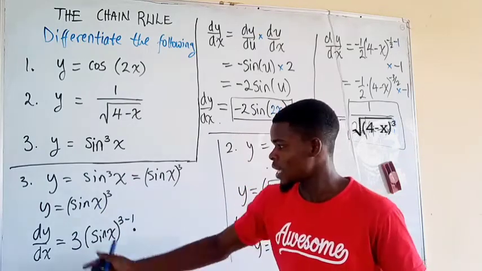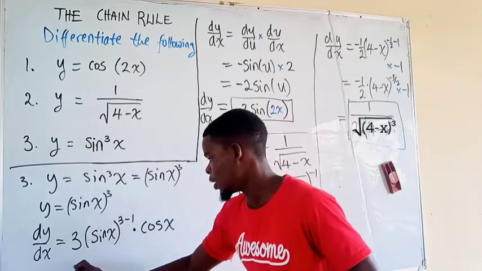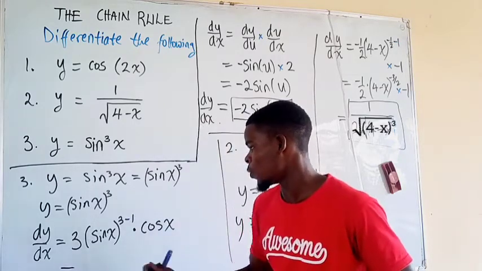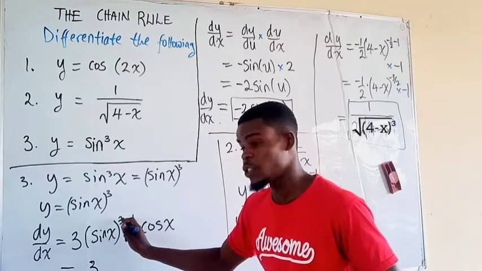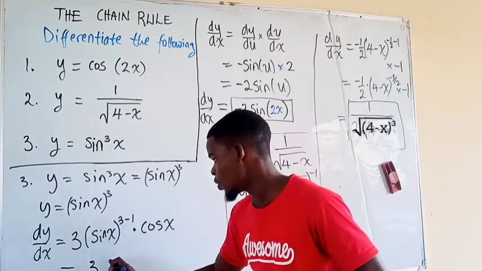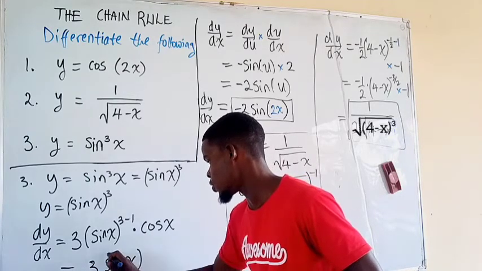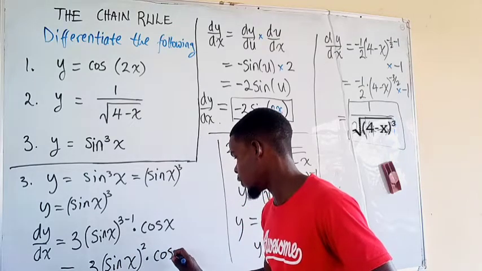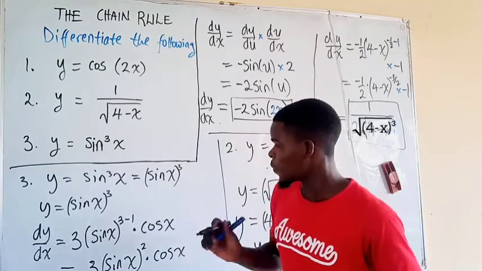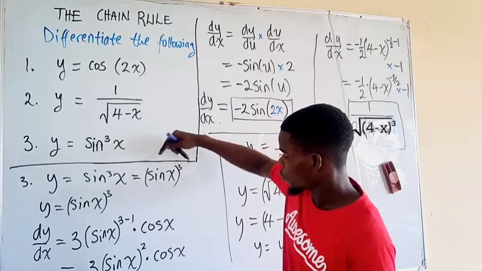So the derivative of sine x is now cosine of x. And then all in all, we're going to have 3 times sine x raised to the power 3 minus 1, which is just 2. So I can put it down as sine x raised to the power 2. And then I multiply it with the cosine of x. Great. Now notice that we had sine cube x, we put it down as sine x all raised to the power 3.